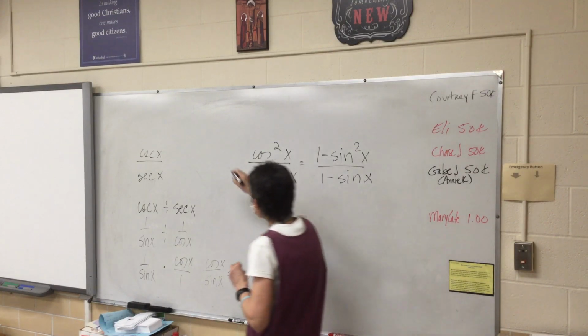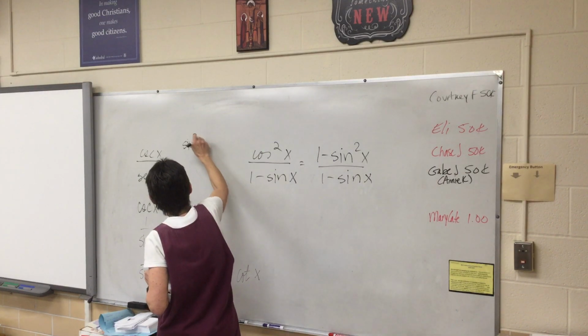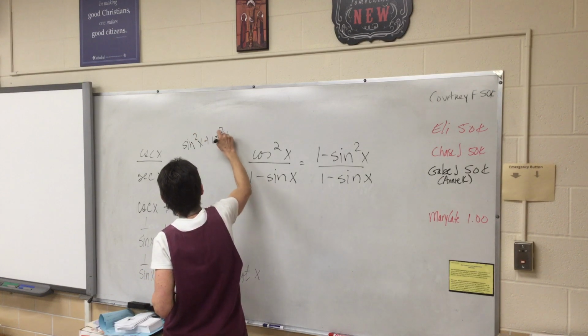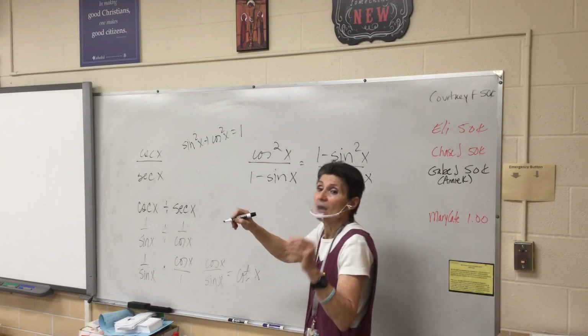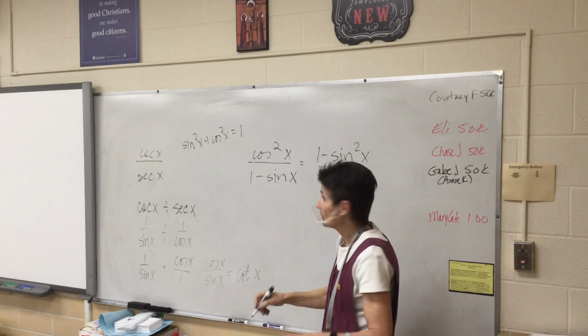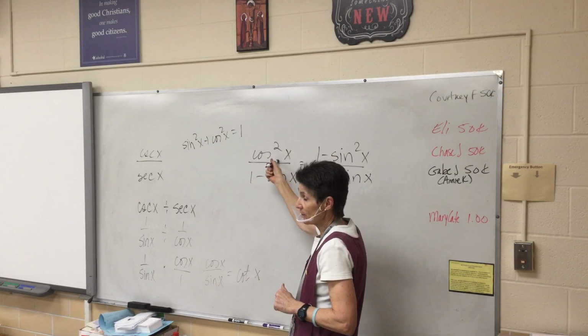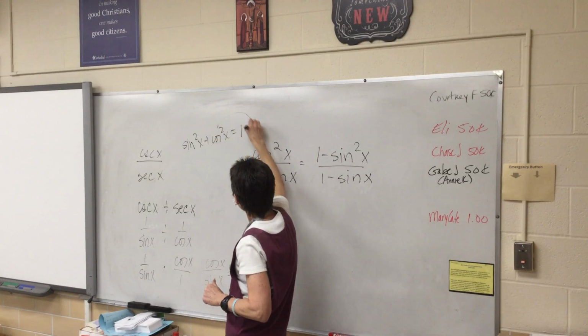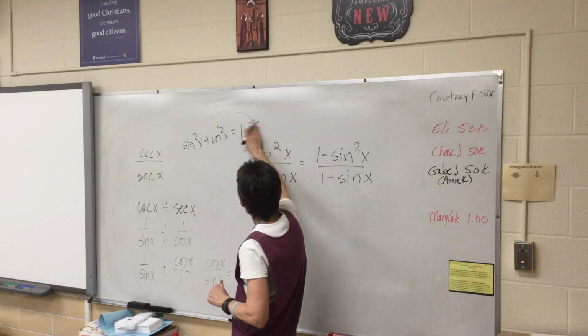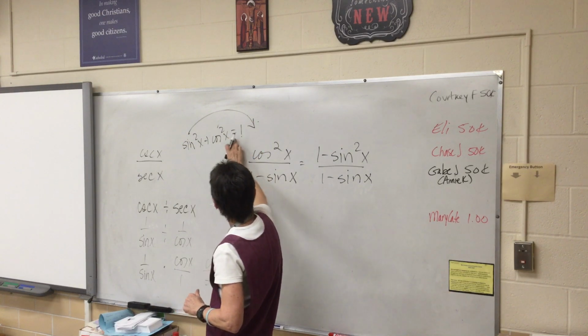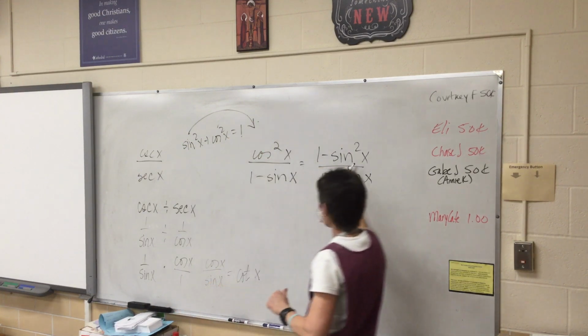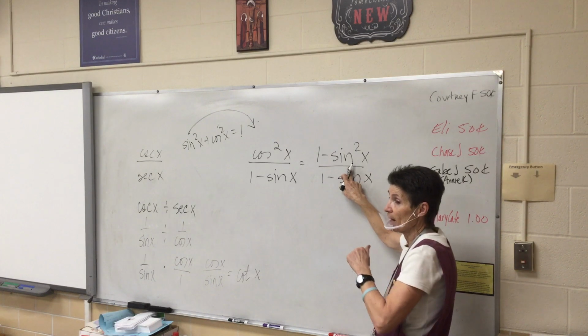Remember, the identity is sine squared plus cosine squared equals 1. Don't use any version of that unless they're squared, okay? That's squared, so you can bring it over here, so cosine squared equals 1 minus sine squared. So that is exactly right.